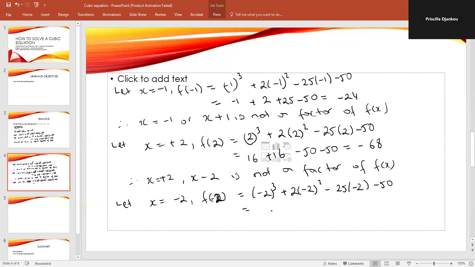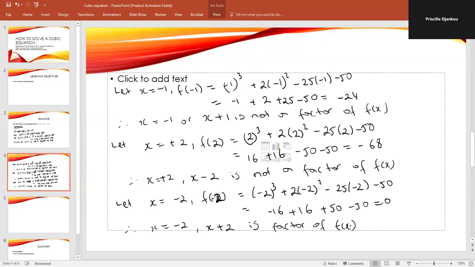So we're going to have minus 8 plus 8 plus 50 minus 50, and this is 0. Therefore, our conclusion: x equals minus 2, or x plus 2, is a factor, because according to the factor theorem, if a value of x inside the function f of x gives 0, then it is a factor. So we have x plus 2 is a factor of f of x.